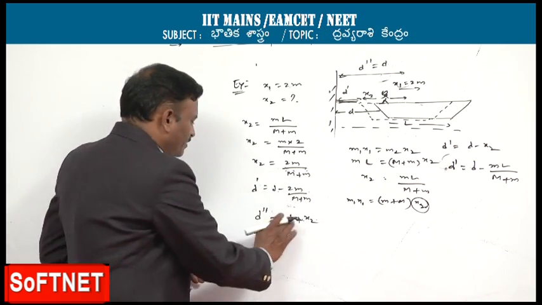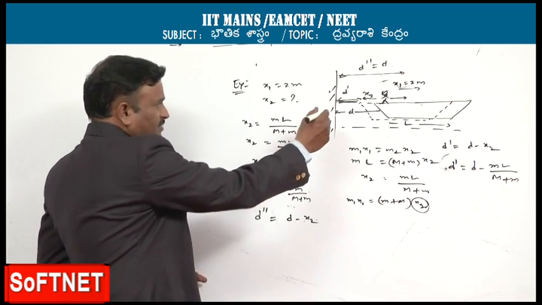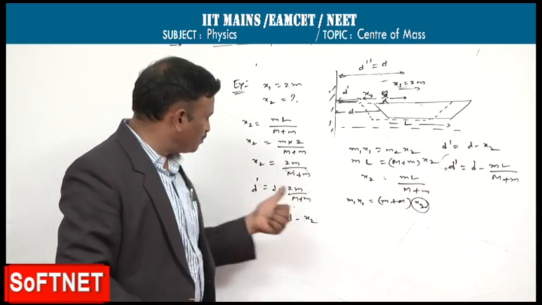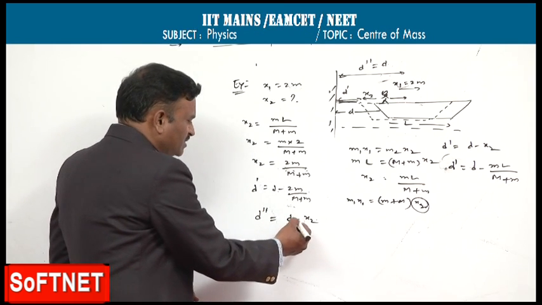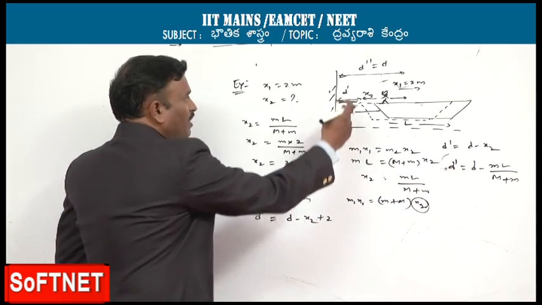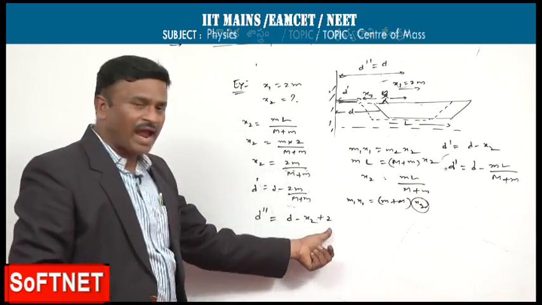Now here d double dash is equal to d minus, now the position of the person. It is the position of the boat we did. Now position of the person. Position of the d double dash is d minus x2 as it is, plus that fellow has moved away 2 meters from the shore. So that we need to add.